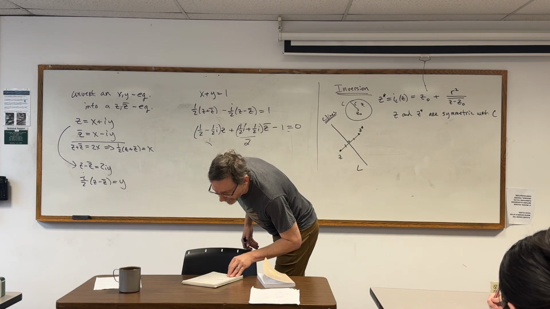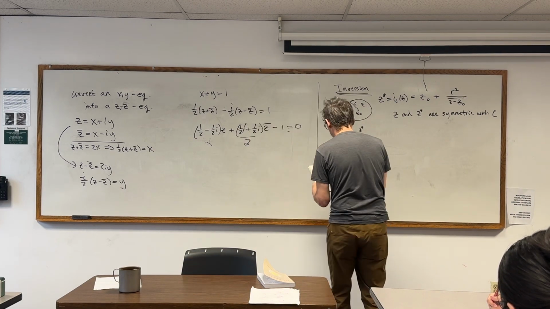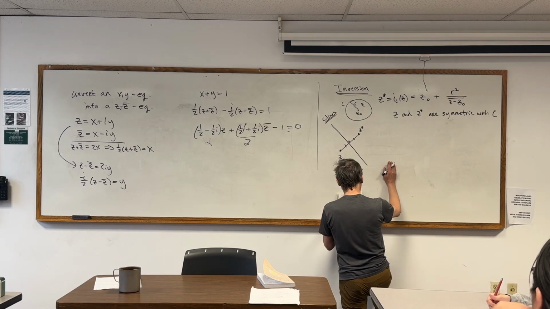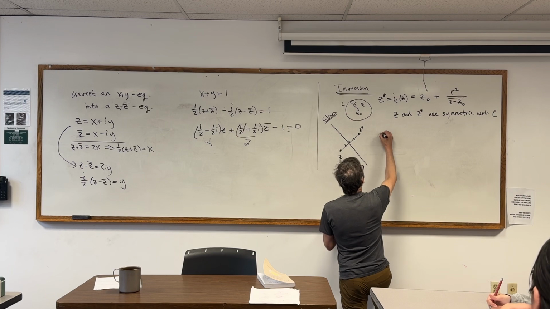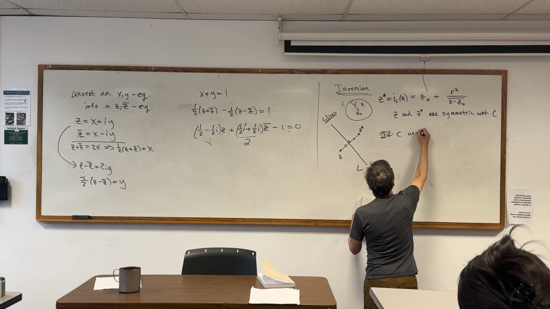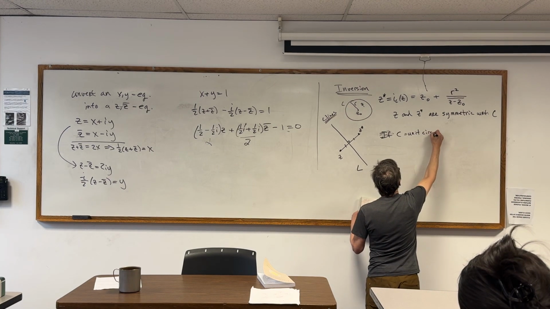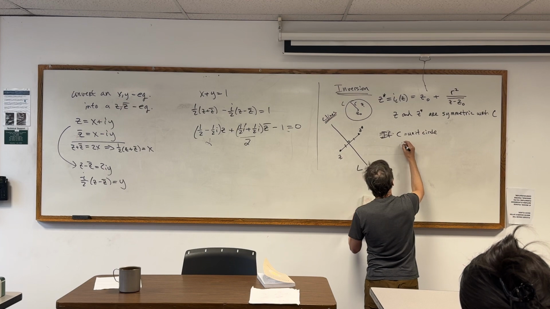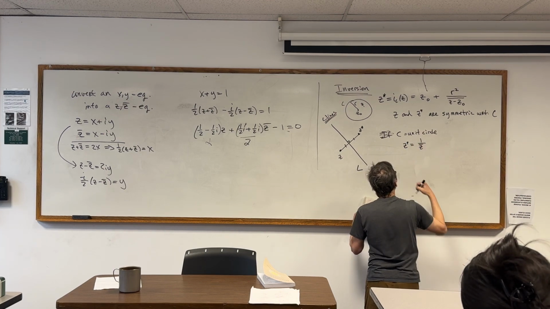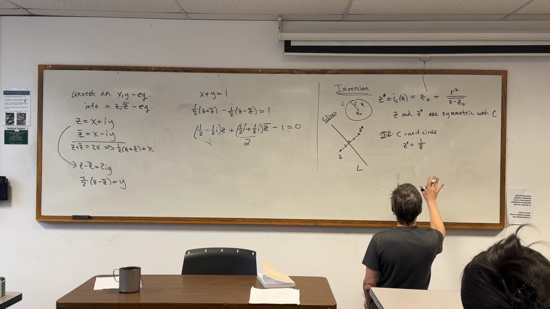So let's see, what are our other things we know? So that's our basics. If we have the unit circle, so if C is the unit circle, and that means it's centered at the origin, then Z star is 1 over Z conjugate, just nice, clean, and simple.